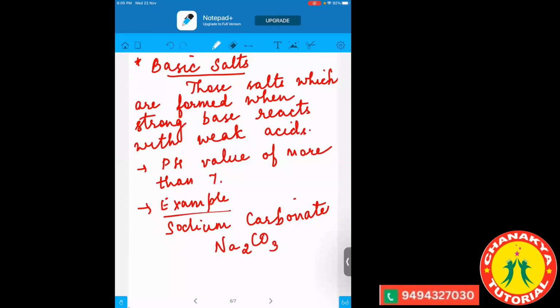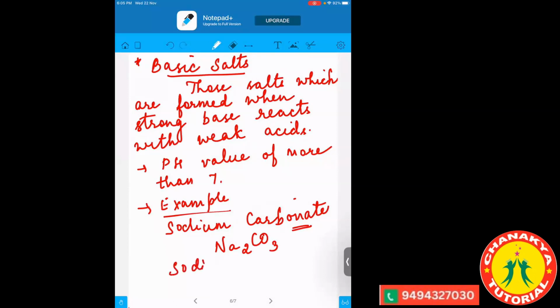Because of the valency, the number of Na changes to 2 and the carbonate is CO3. When you balance all these reactions, you will get this formula. So that is sodium carbonate.